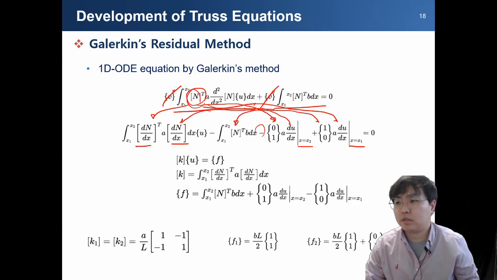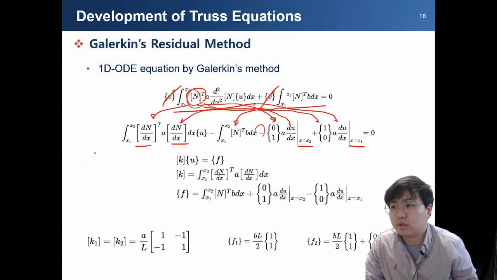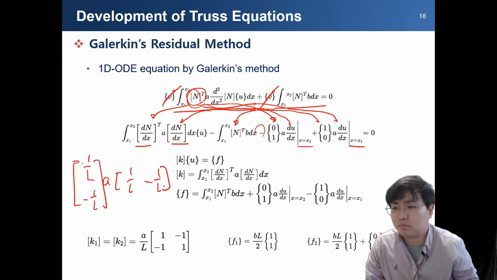So let's check here. What is the derivative of the shape function? In the previous slide, maybe you already know that they give this kind of relationship. Maybe, am I right?